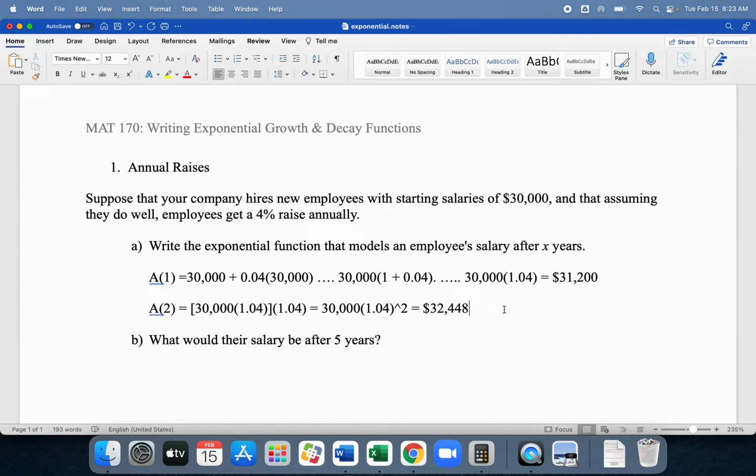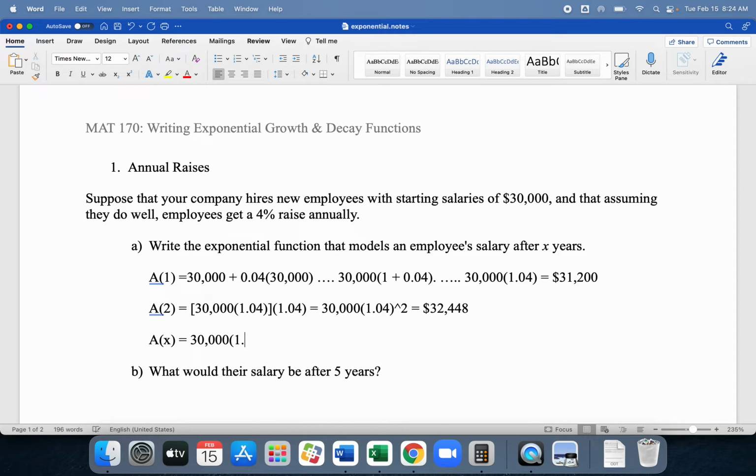But if I want to talk about in general, after X years, once you figure out what the pattern is, what the computation you'd need to do to find maybe the first year or the second year, whatever the time frame might be or the input might be, the first change and then after the second change, once you figure out what the pattern is, we can maybe more easily write what I need to do to find my salary after not just 1 year or 2 years, but any number of years that I'm going to call X. And so if you can see, well, I'd have to start with 30,000.